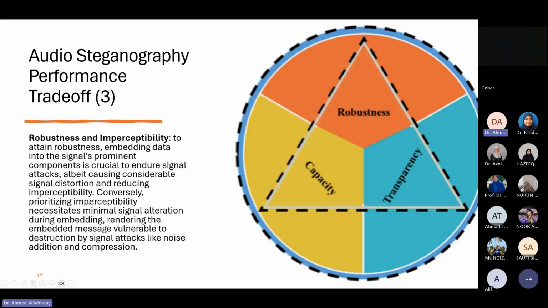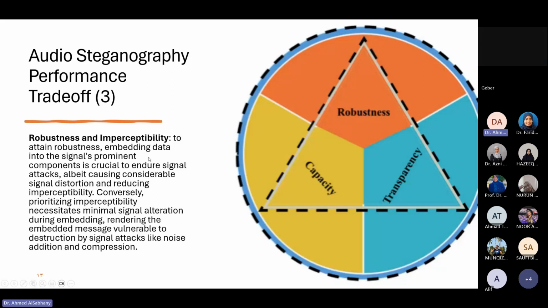Conversely, prioritizing the imperceptibility necessitates minimal signal alteration during embedding. So if we are targeting the imperceptibility, the least significant bits of the least significant parts of the signals must be used, because we want the change or the error to be minimal, rendering the embedded message vulnerable to destruction by signal attacks such as noise addition and compression.